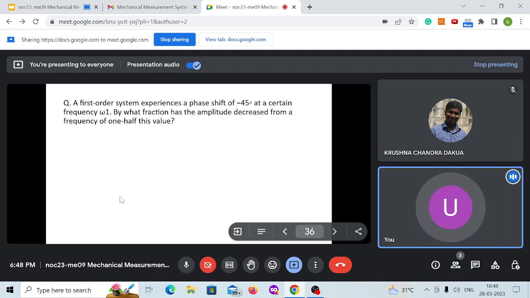By what fraction has the amplitude decreased when the frequency is half this value? So now the frequency is omega 1 by 2. What will be the amplitude decrease? I'll give you 2-3 minutes. Please try.